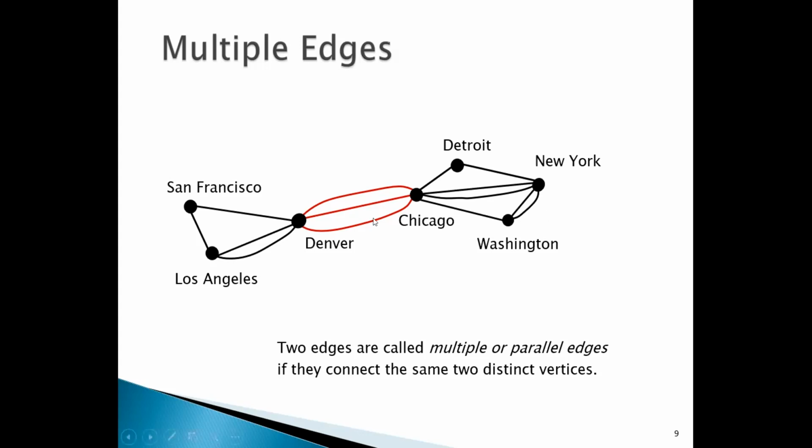For example, between Denver and Chicago, there are 3 lines. They are multiple, and we can say they are parallel to each other.